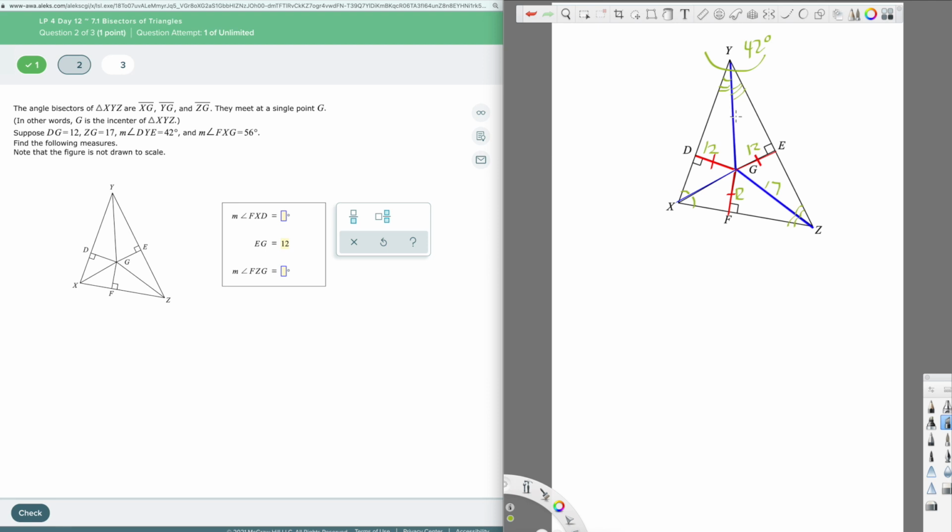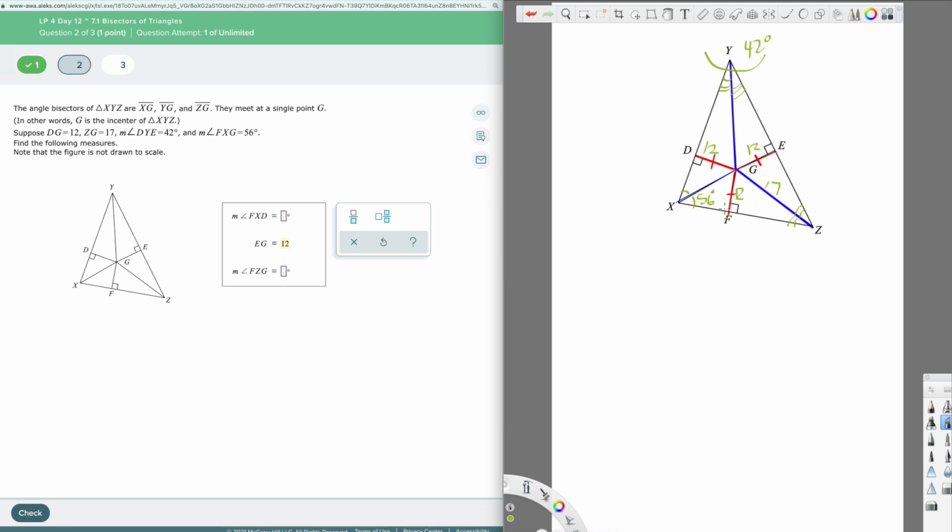And then FXG, this piece here equals 56. Sorry, FXG, it's down here, 56. I'm glad I caught that, because that would have complicated things.